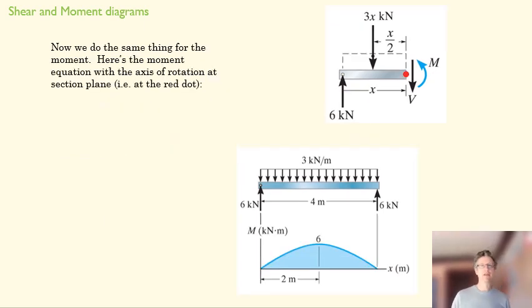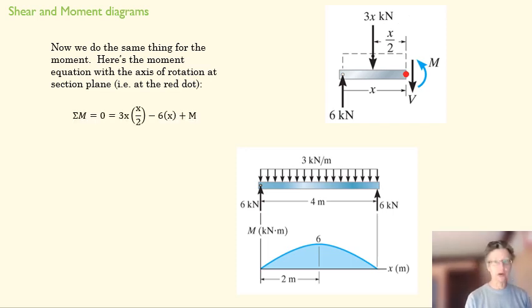Now we do the same thing for our moment. So here's our moment equation around the axis of rotation at our section point. We're using the same little generalized section diagram, and here we have a moment around this axis. If we choose this axis, we get rid of V. That's what we want to do, because we don't want to deal with V here, because that's going to vary, right?